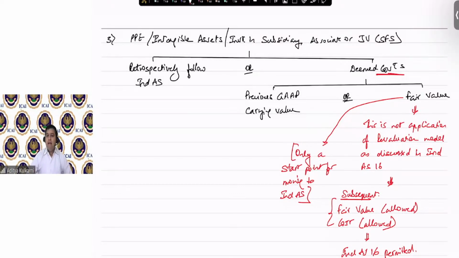This is not revaluation model. See, look at the words. It is a deemed cost.